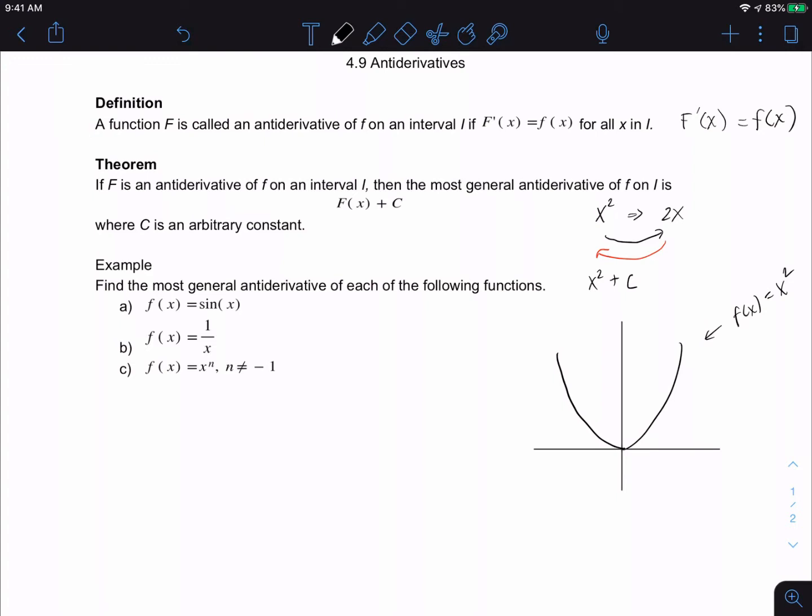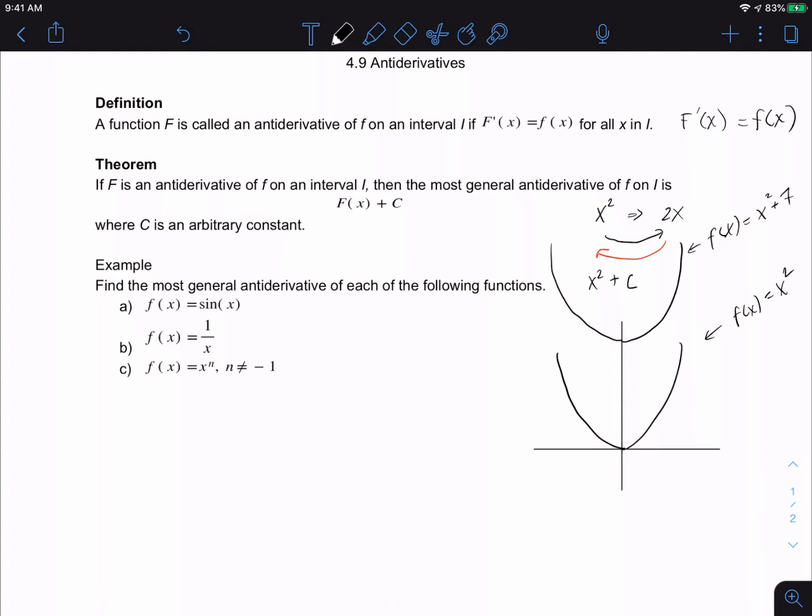But if I took a function up here, and said this one is f of x equals x squared plus 7, what's the derivative of that? Isn't that also 2x?